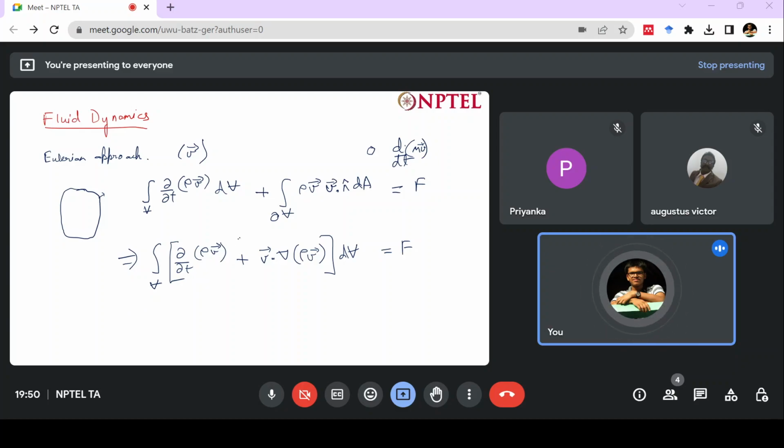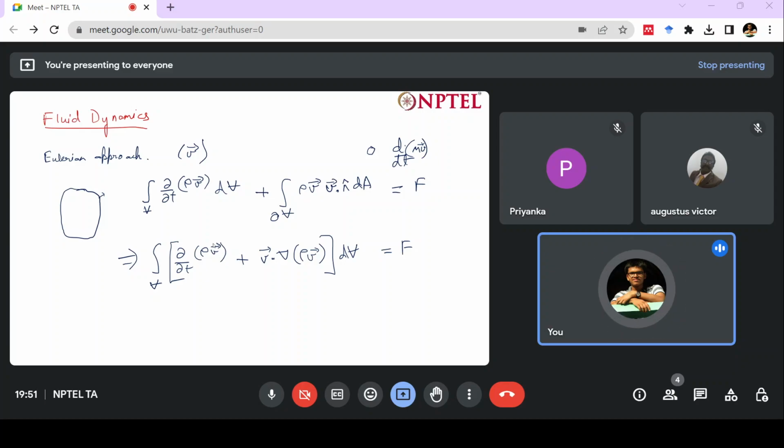This can be converted into your material derivative, and you can see there are two portions. One is rho dv/dt, which we are more familiar with in this setting, and another will turn out to be zero due to our continuity equation.